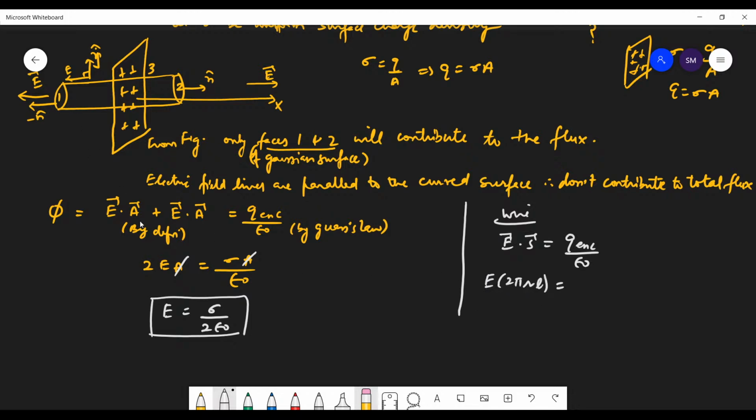Here there is a plane surface area, so we have not written the area, like pi r square or whatever, because it is going to cancel out, but there it was not cancelling out. Because that charge was equal to lambda L upon epsilon naught, there L was cancelling out, and simply you get the answer that E equals lambda upon 2 pi r epsilon naught.